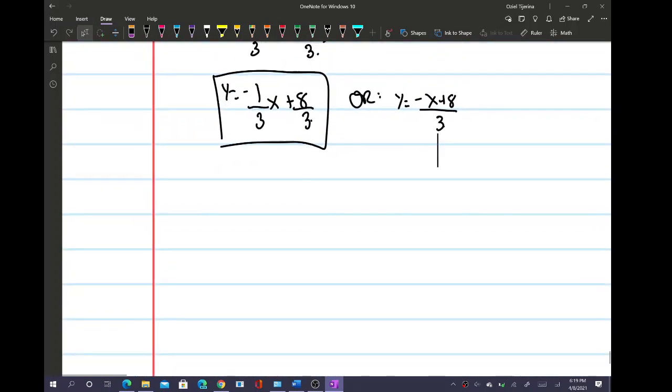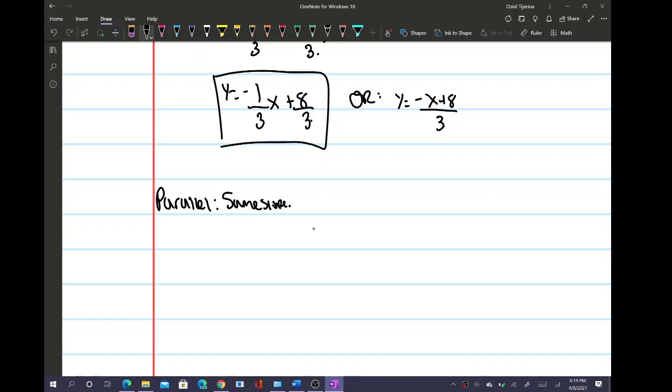So now we get into parallel and perpendicular slopes. When we say that a slope is parallel, it means the same slope.